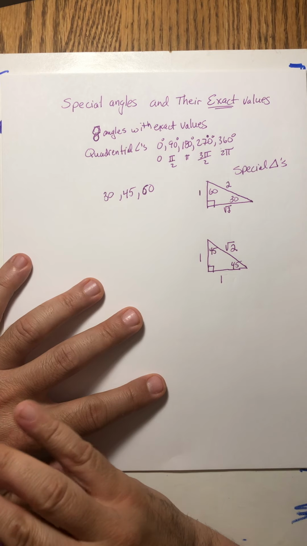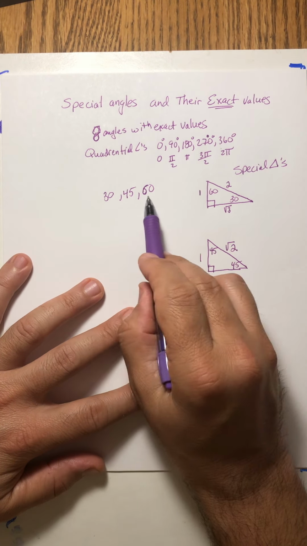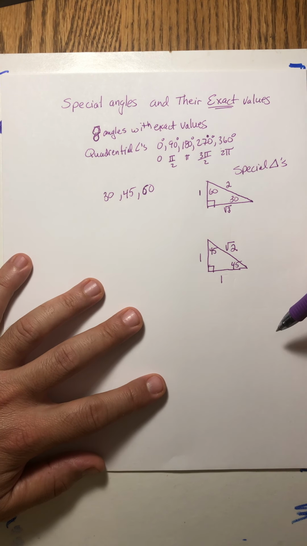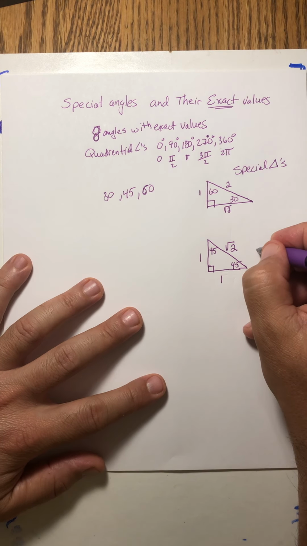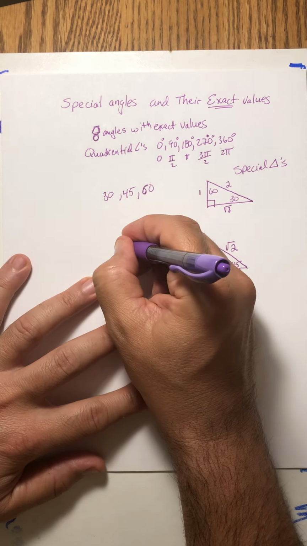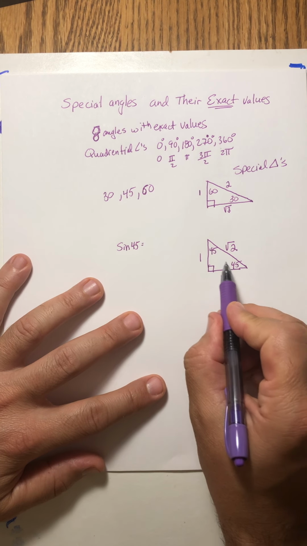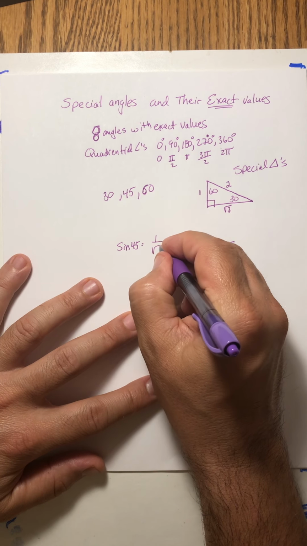So now if I want the sine, cosine, or tangent of 30, 45, or 60, all I need are these triangles. Sine of 45, opposite over hypotenuse, 1 over radical 2.